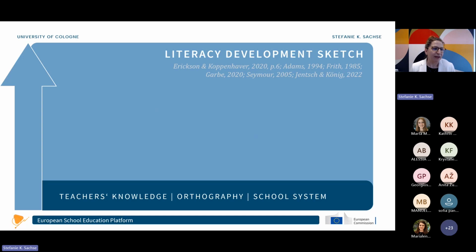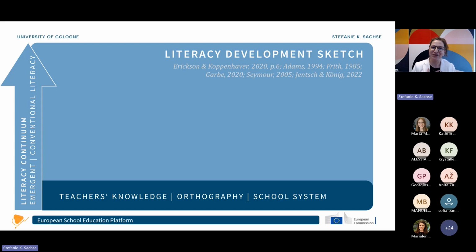When we look at literacy development, I think of it as a literacy continuum based on the work of Karen Erickson and David Koppenhaver. That means it starts early when we read with the children, but it continues. Literacy development continues up into adulthood.